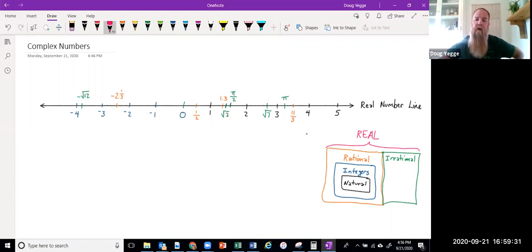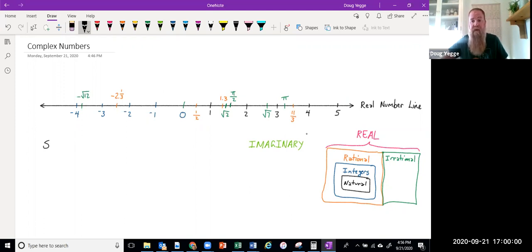But then we've got a whole other set of numbers, which we refer to as imaginary numbers, which is a really poor choice of term for whoever came up with this, because that implies that these don't exist and they're not important. Turns out, though, that they are actually very important, and we use them throughout history.